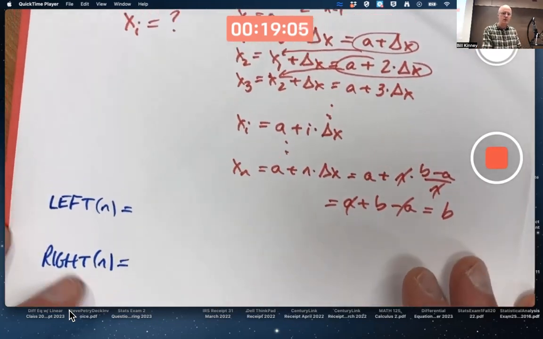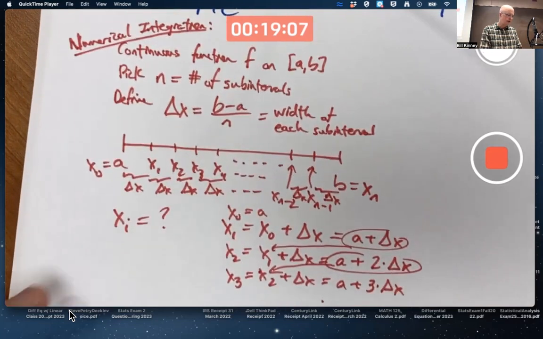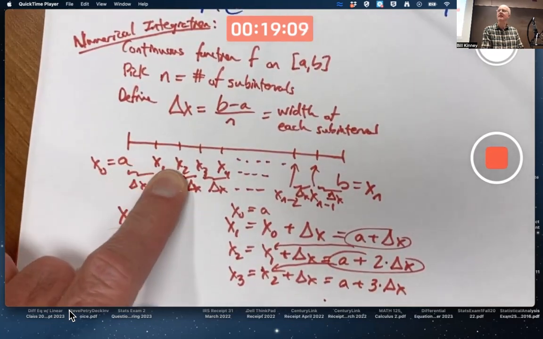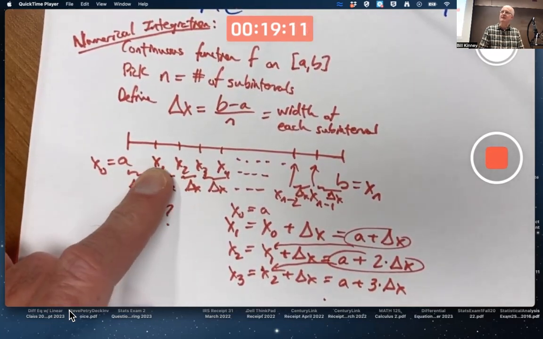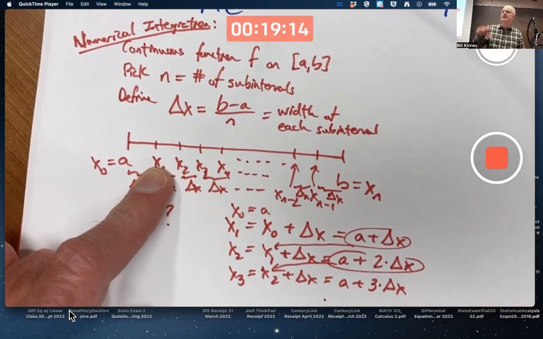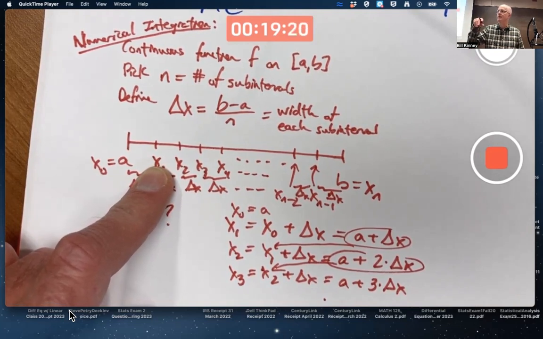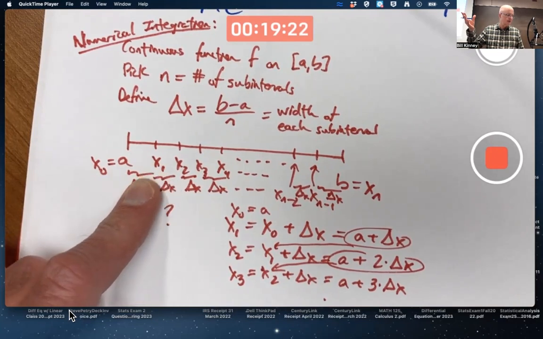With the left-hand rule, for each subinterval, we take the left endpoint and use that to determine the height of the approximating rectangle. We're trying to approximate the area under the curve. So we're using the heights to make rectangles whose areas will approximate the area under the curve.